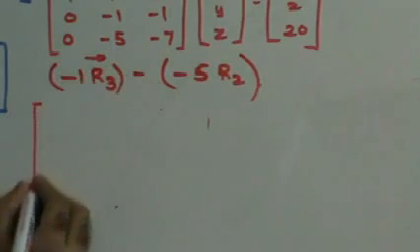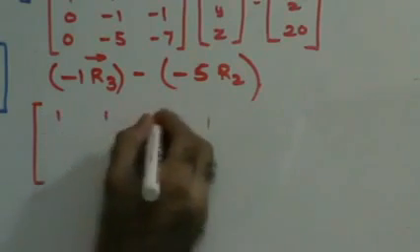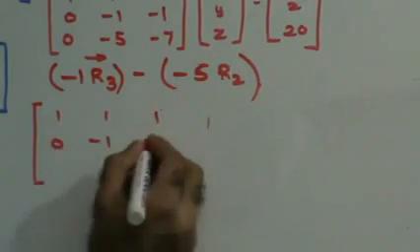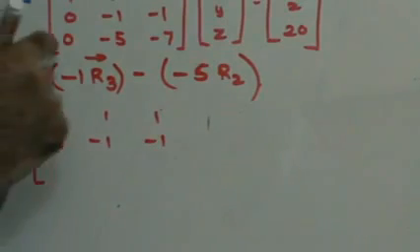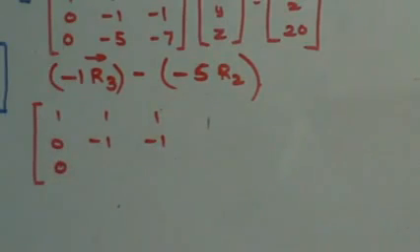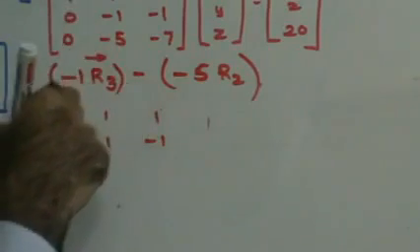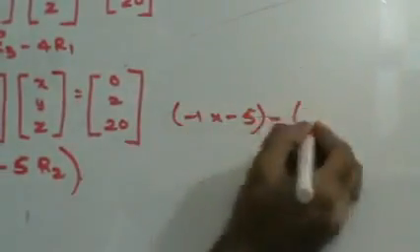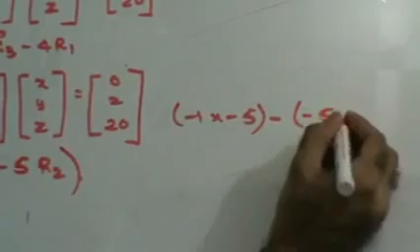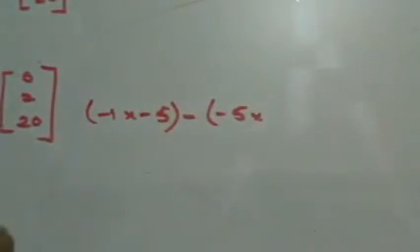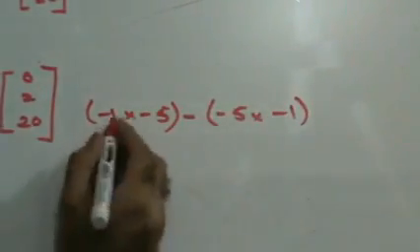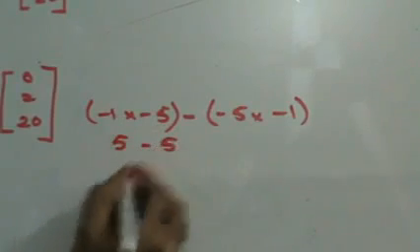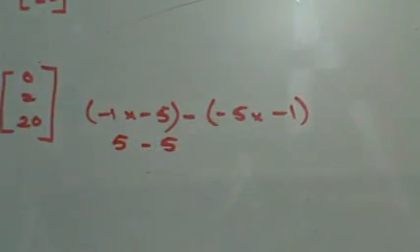So in that case, this is going to be 1 1 1, then 0 minus 1 minus 1. Now 0 minus 0 is 0. Minus 5 into minus 1, see guys, it is minus 5 into R2's minus 1 minus minus 1 into R3's minus 5, so this is 5 minus 5, which is 0. That's how I'll get my 0.